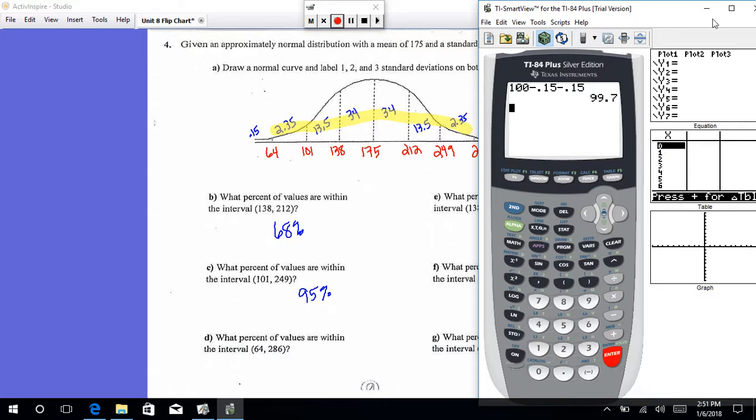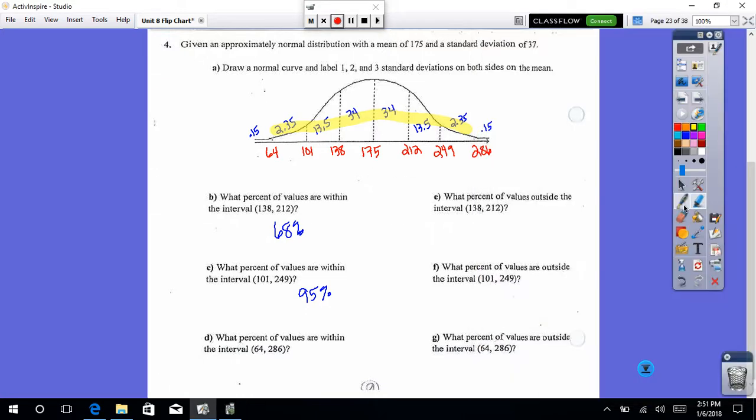So 99.7, and 138 to 212. It's 34, 34, 13.5 is 81.5.